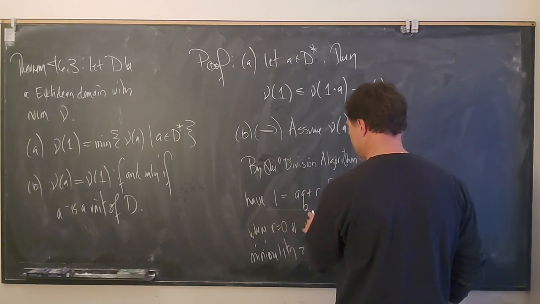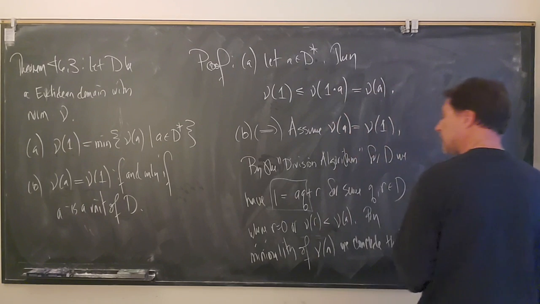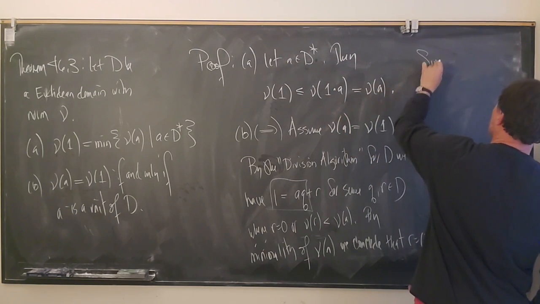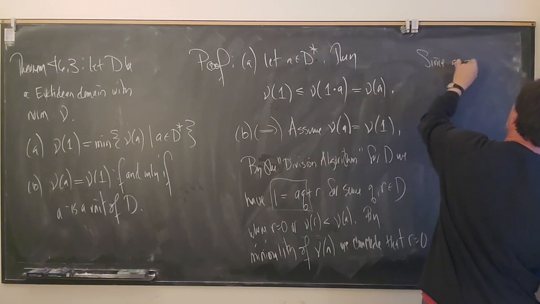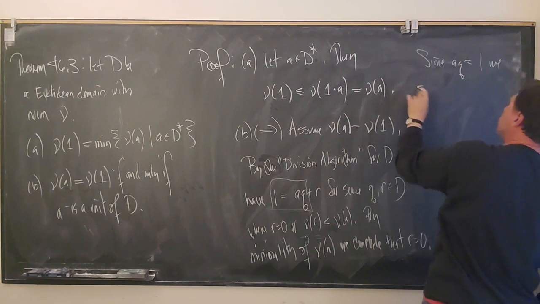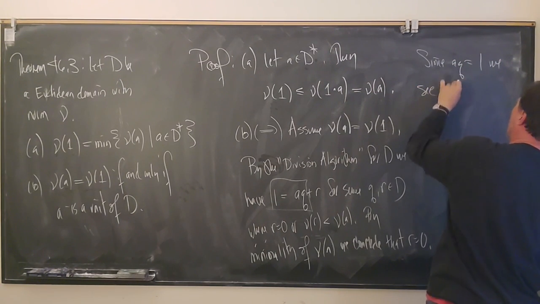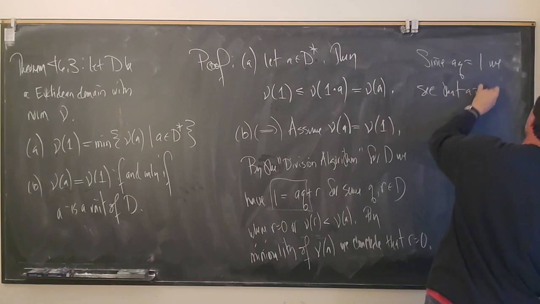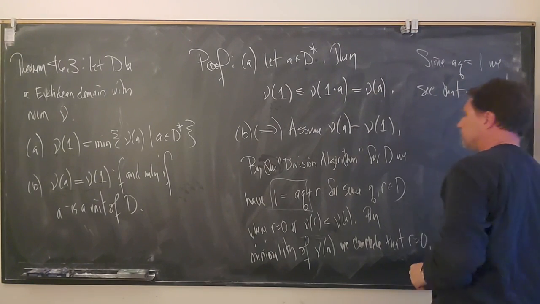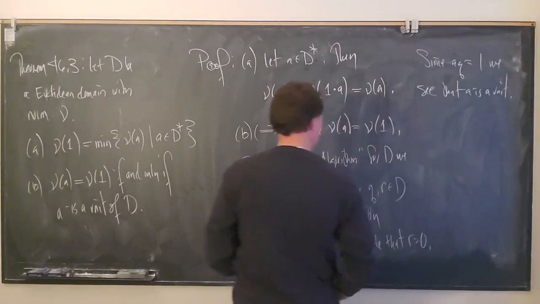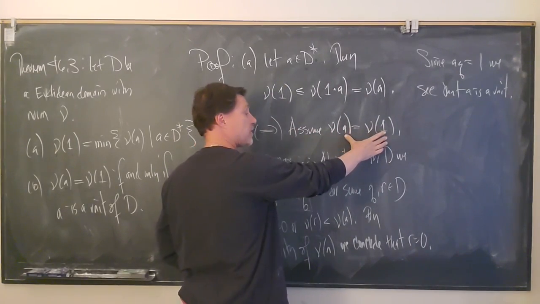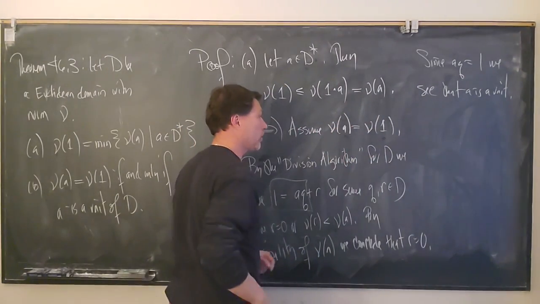It tells us that A times Q is equal to 1, right? So since AQ equals 1, we see that A is a unit. So anytime your norm matches the norm of 1, guaranteed you're a unit.